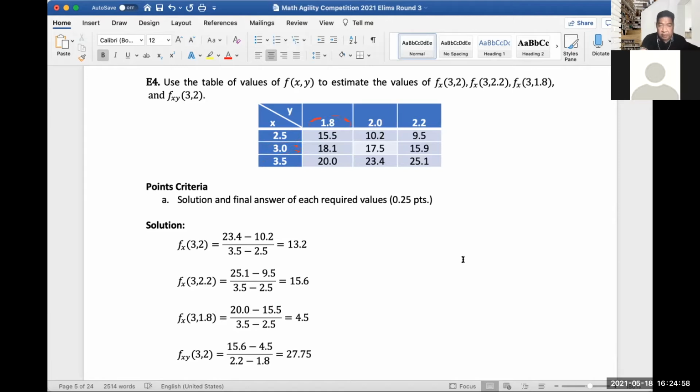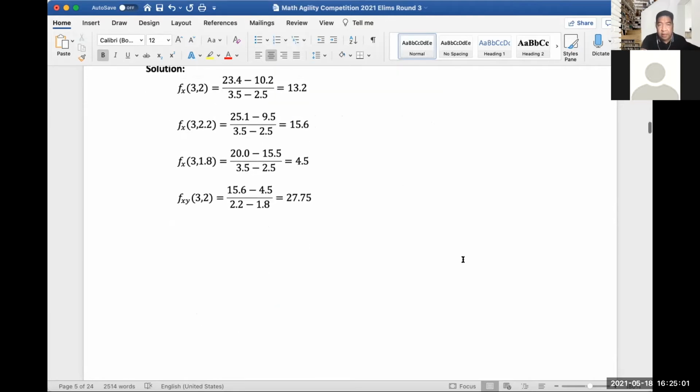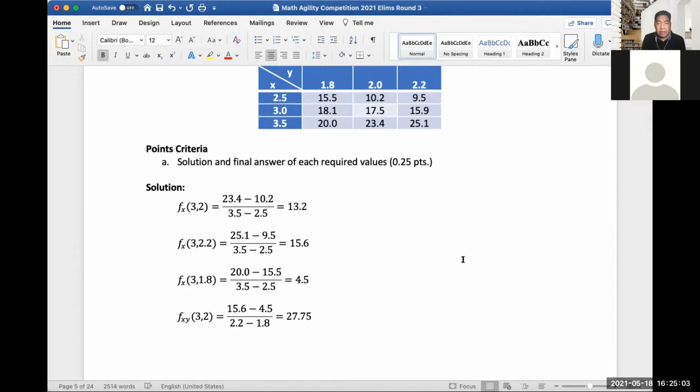Okay, now let's solve f sub x sub y of 3 comma 2. So this time it's 3 comma 2 at x and y. So 3 is here and 2 is here. We initially solved that part at 3 and 2.2, 3 and 2.